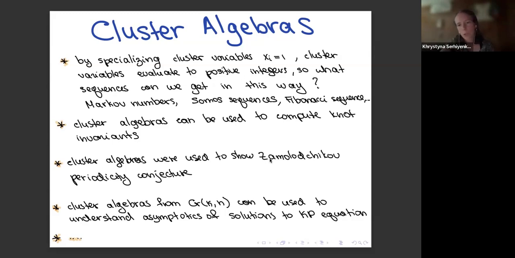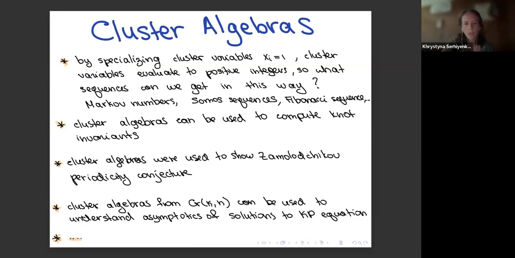Cluster algebras are also used to show the Zamolodchikov periodicity conjecture. This was also a very big result. It's a big equation that was conjectured to satisfy some periodicity properties, but it was really hard to work with. And indeed it did, and one can show it not so hard from cluster algebra theory.